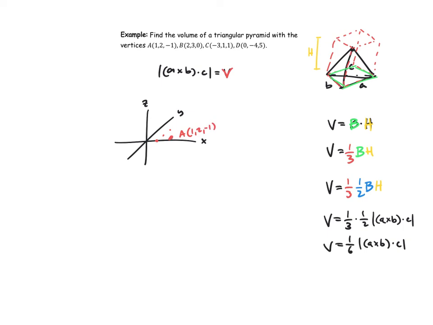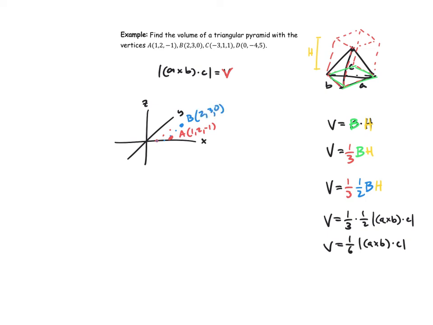All right, how about B? We'll put B in blue. That's 2 to the right and 3 in the Y direction. There's B. So B lies above A by 1 unit, and a couple of units in a different direction as well.